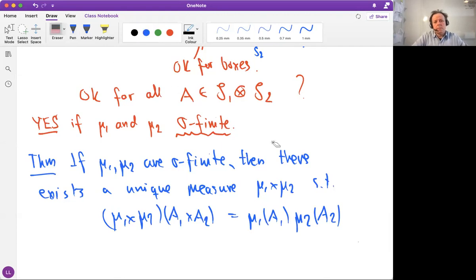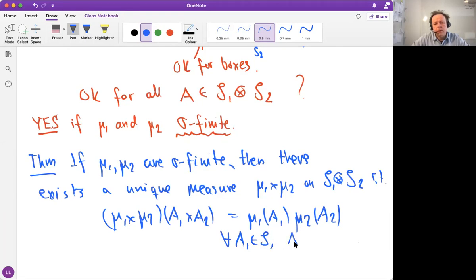And we need to say that this unique measure on the product sigma algebra for all A1 in S1 and A2 in S2.